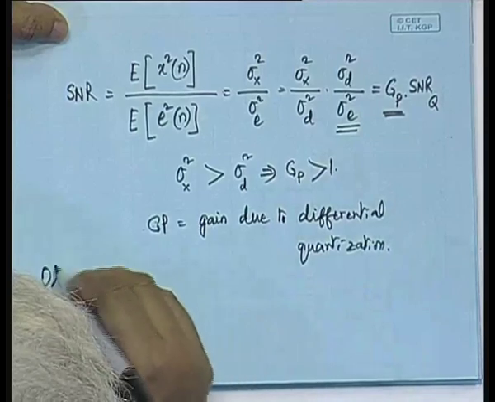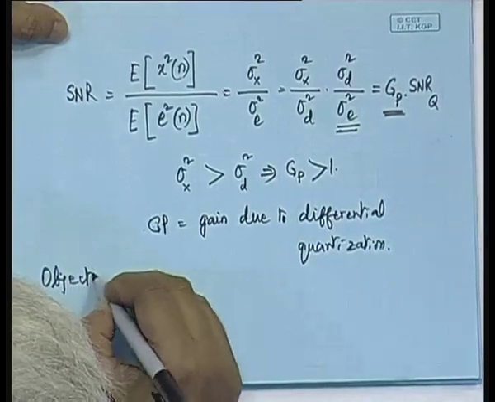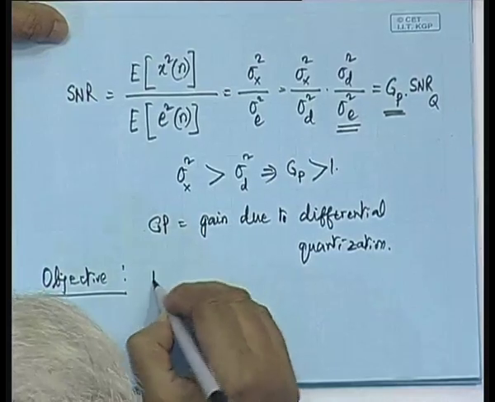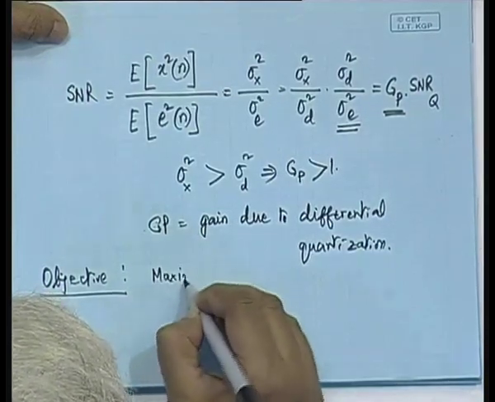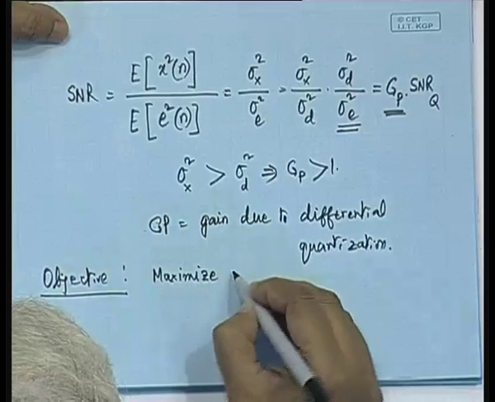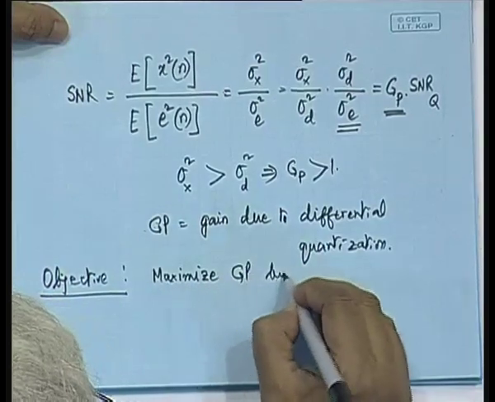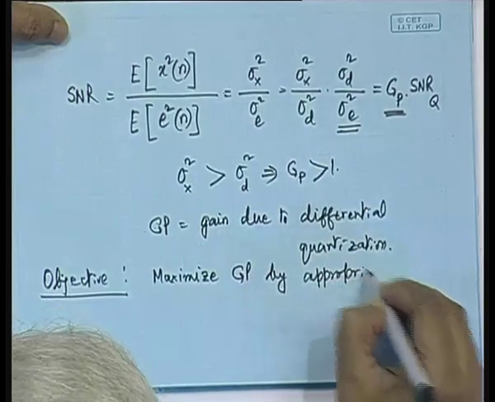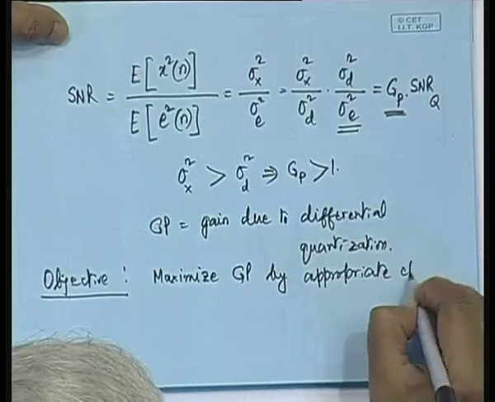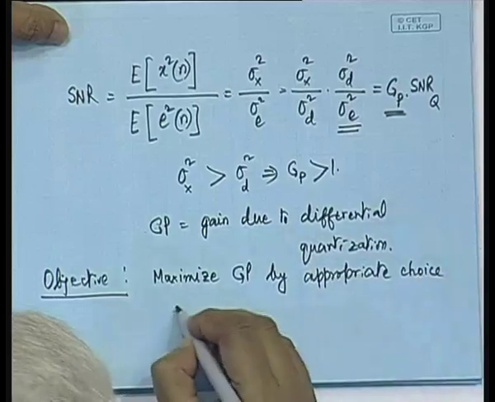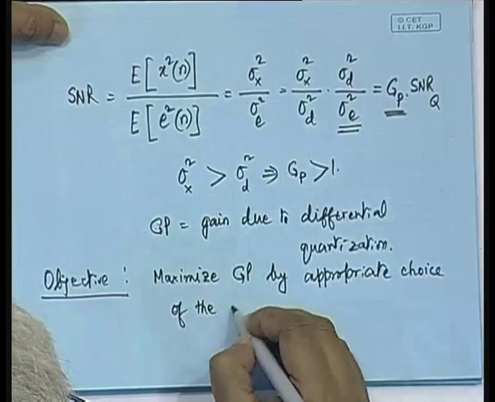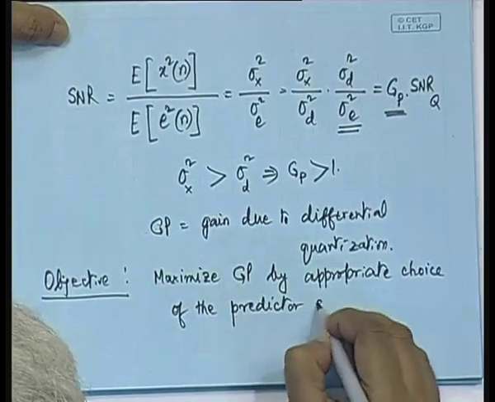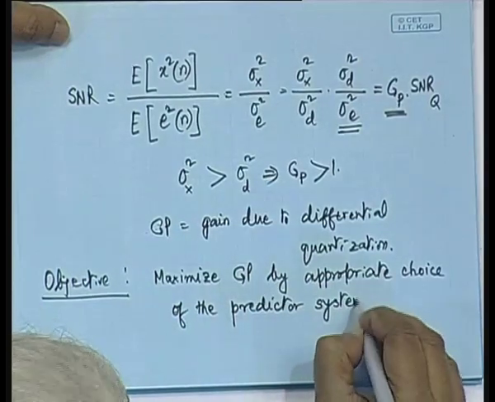Our objective should be to maximize Gp by appropriate choice of the predictor system.